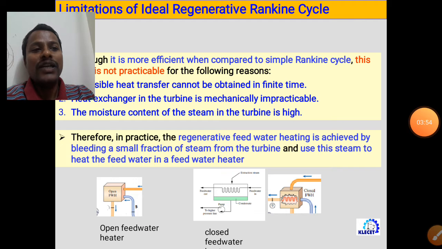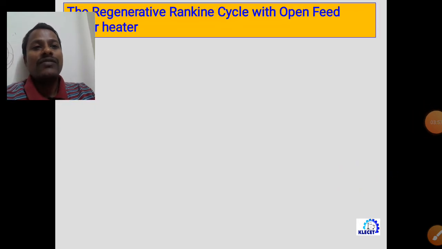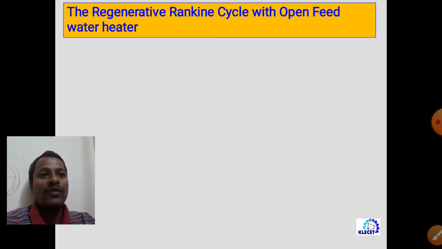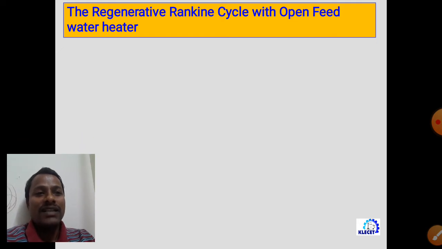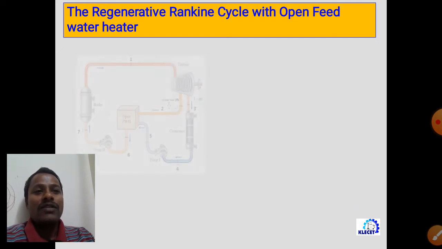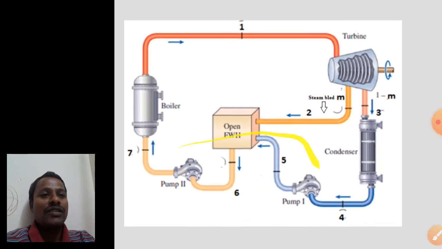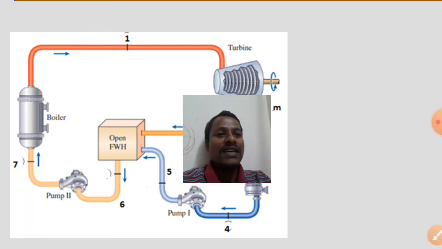Now let's look into the usage of these feed water heaters in the Rankine cycle. That is the regenerative Rankine cycle with open feed water heater. So usage of open feed water heater we'll see now. This is the schematic diagram which shows the usage of open feed water heater.